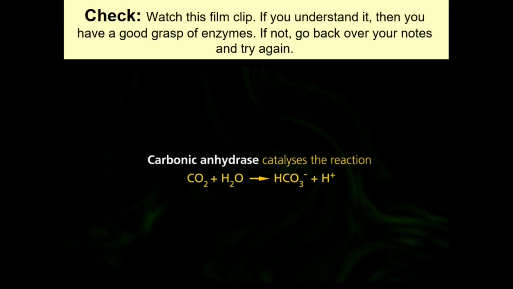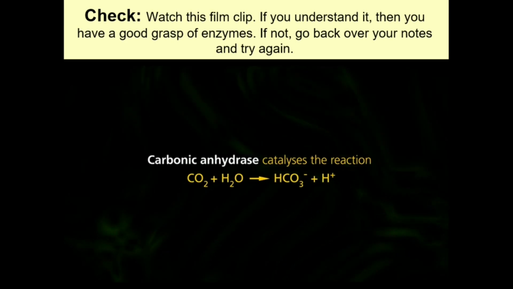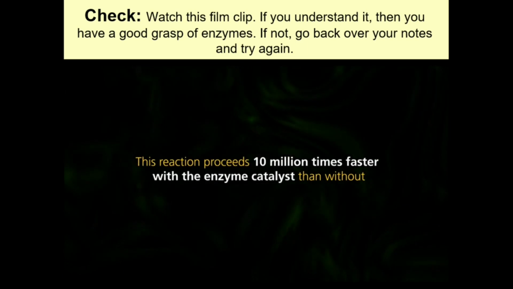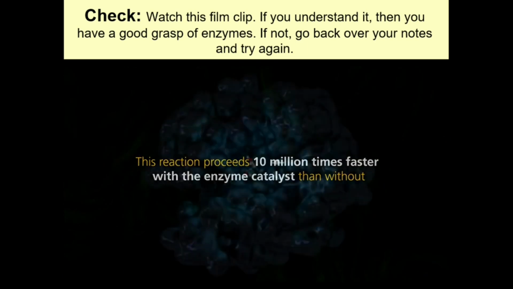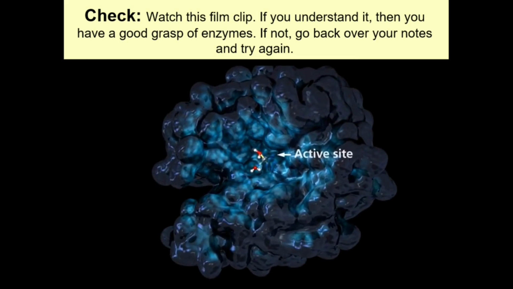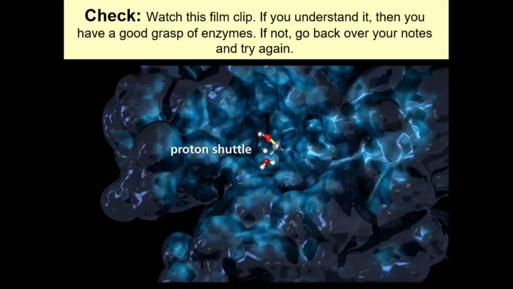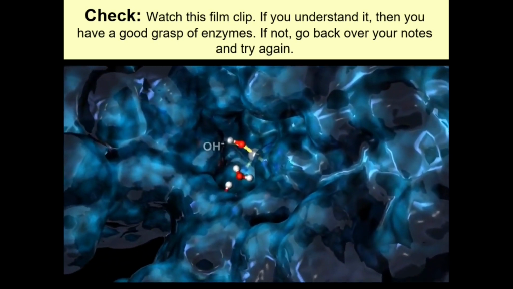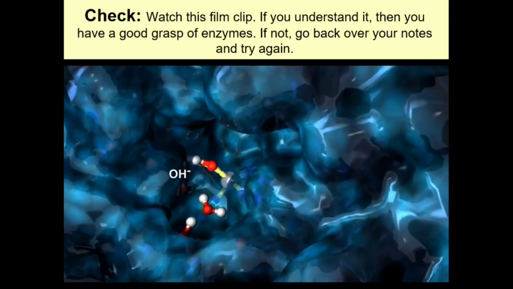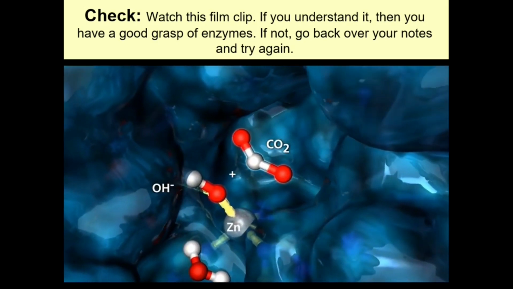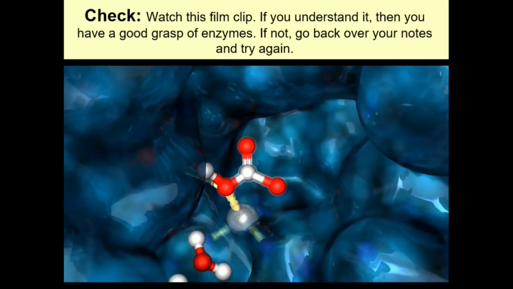Carbonic anhydrase catalyzes the following reaction between carbon dioxide and water. This reaction proceeds 10 million times faster with the enzyme catalyst than without. A water molecule is coordinated to a zinc atom in the protein. A proton is removed, leaving a hydroxide ion. Carbon dioxide binds to the hydroxide ion on the zinc, and the product is released.